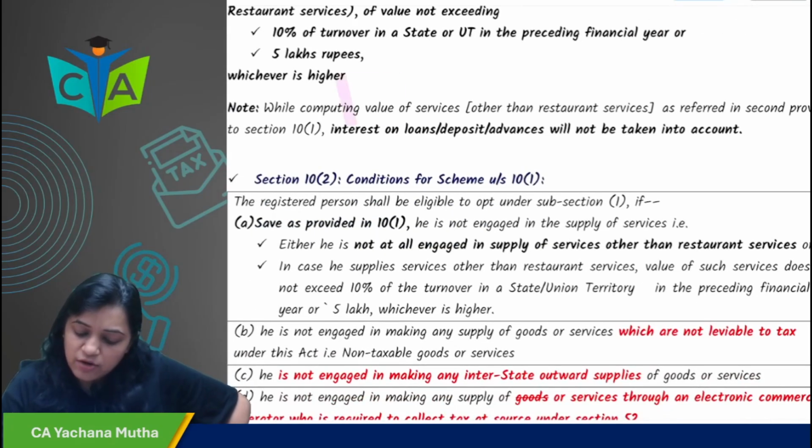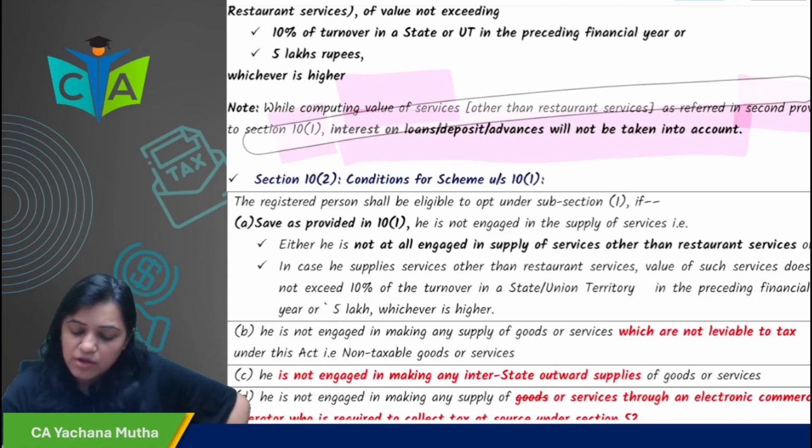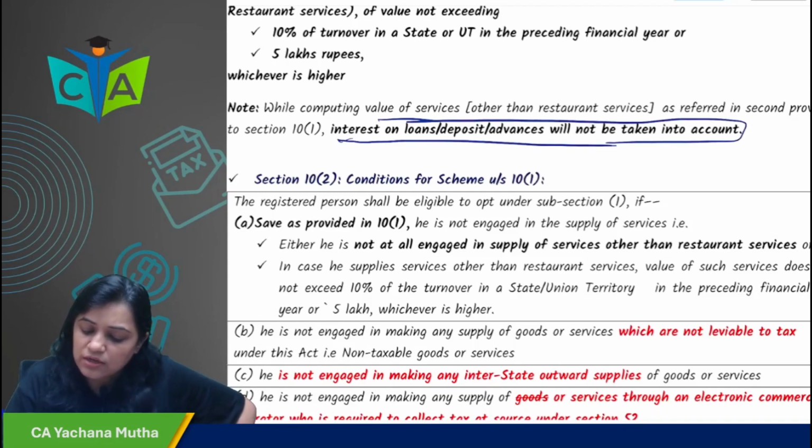While computing the value of service, as referred to in the second proviso to 10(1), interest on loan, deposit, advances will not be taken into account. So while you are computing the value of services, in that case interest on loan, deposit, advances will not be taken into account.